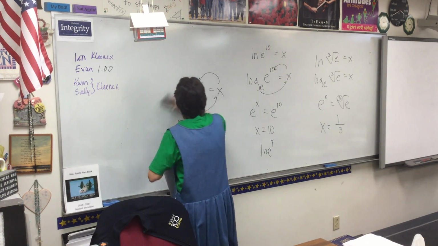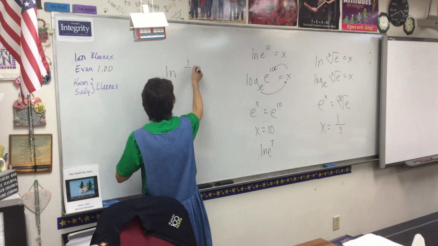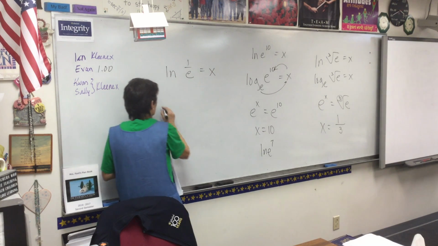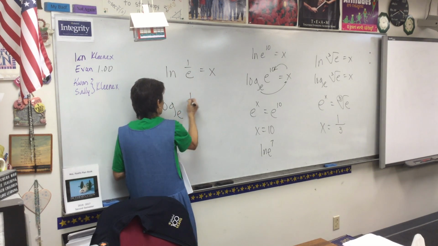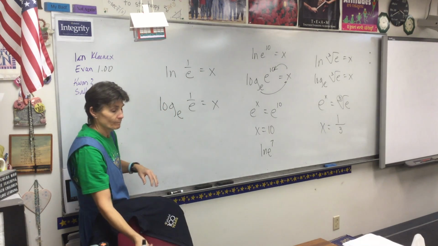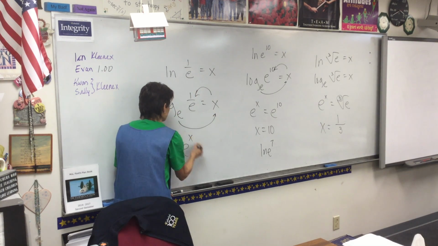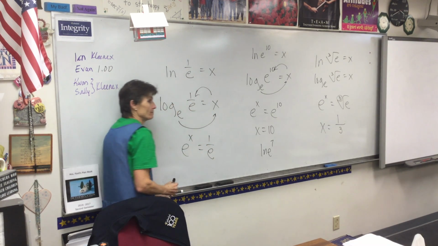All right, one more of these, and we're going to do a different kind because there are some different kinds on here. ln 1 over e. So log base e of 1 over e. e to the x equals 1 over e.